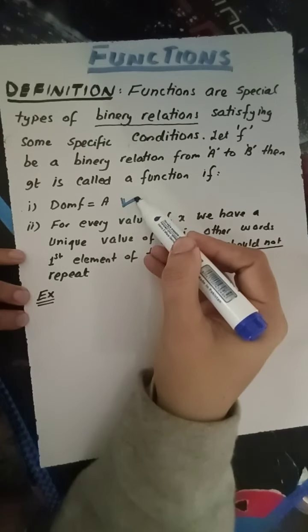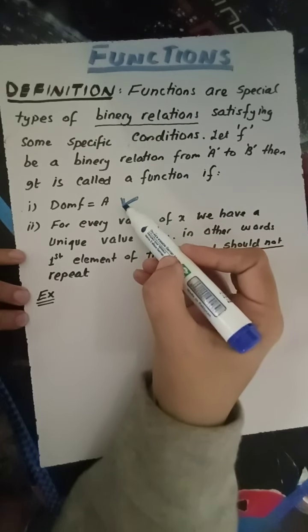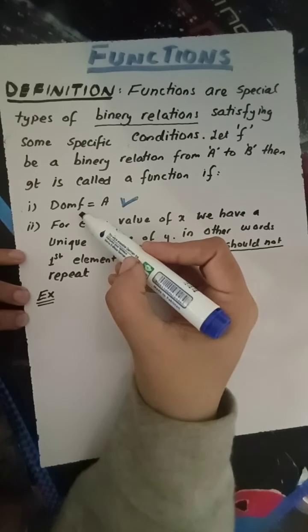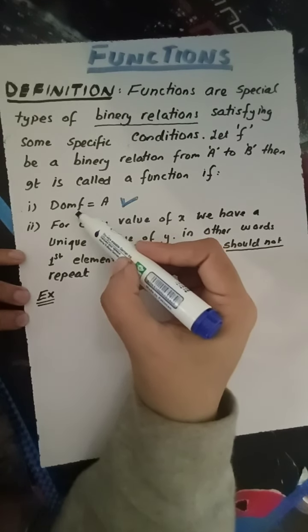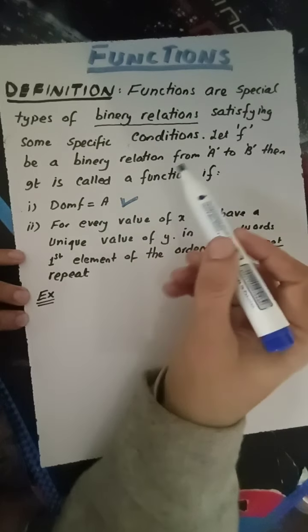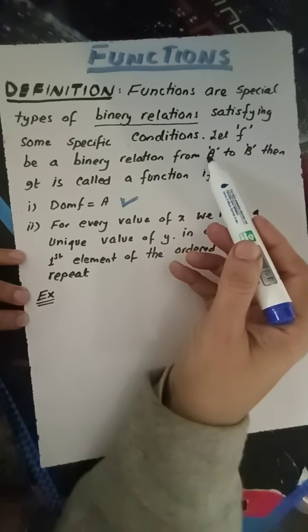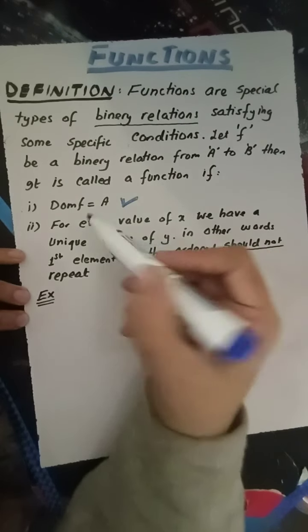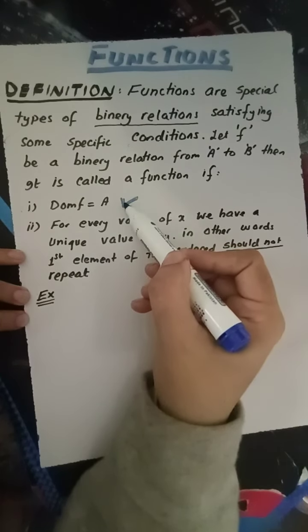This is the first condition for a binary relation to become a function.